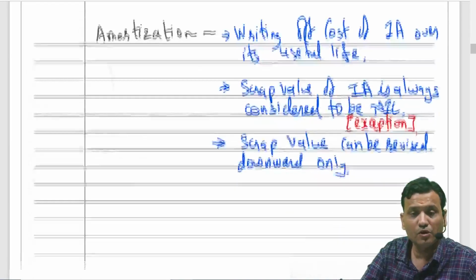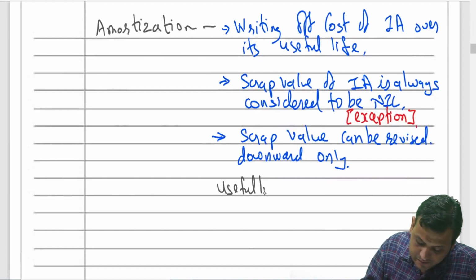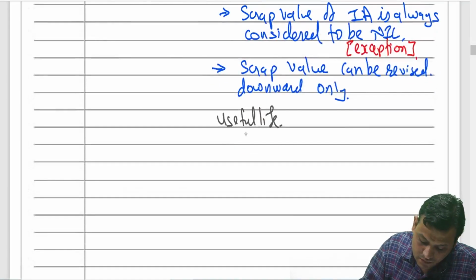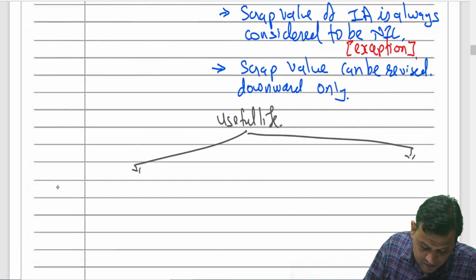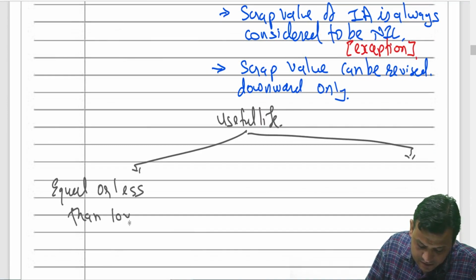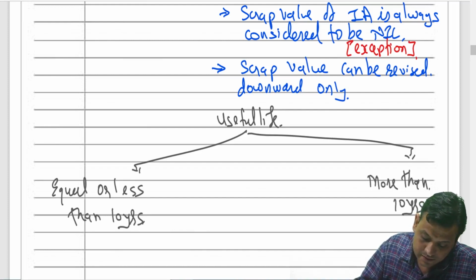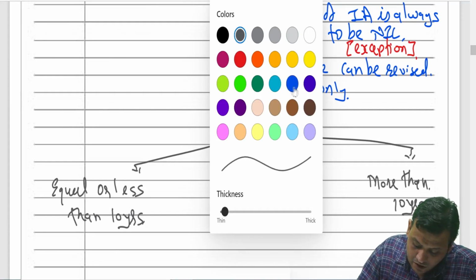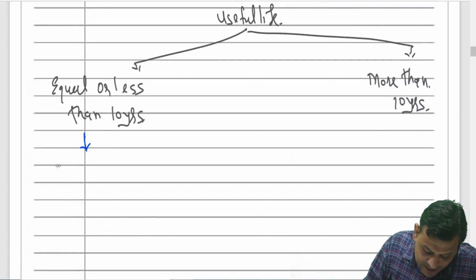That is what we call amortization. Now, what is the useful life of an intangible asset? The standard makes two parts: equal to or less than 10 years, or more than 10 years. If it is equal to or less than 10 years, then amortize within that period.